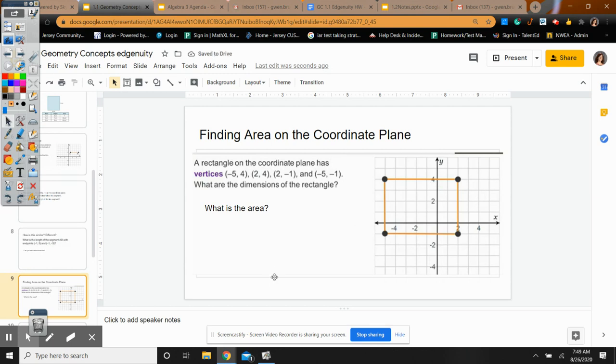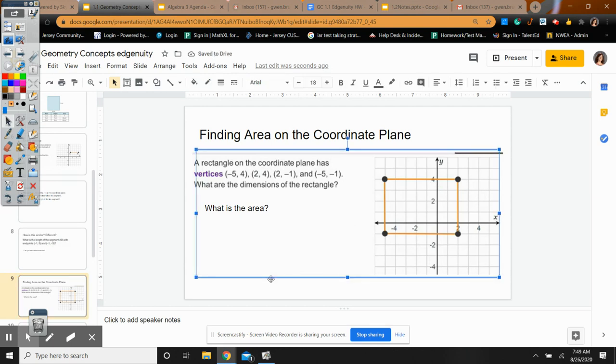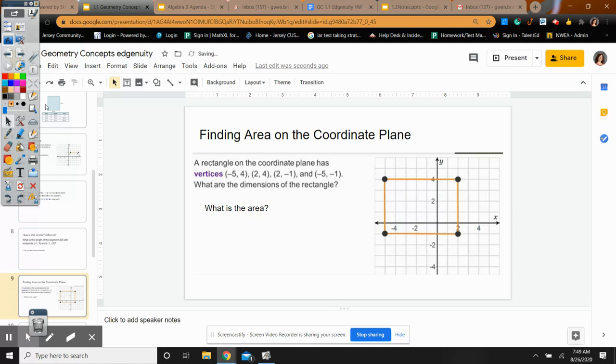Okay, let's try this guy. We're going to put it all together. So they gave us 4 points, and then they had them plotted -5, 4, 2, 4, -5, -1, and 2, -1. The first question, and there will be questions like this on your homework, what are the dimensions?